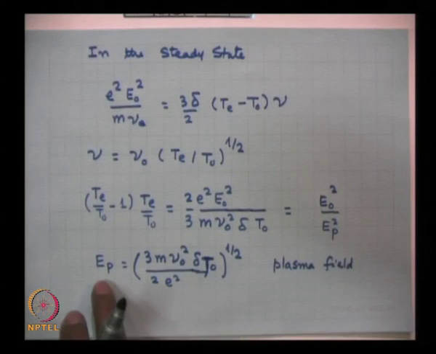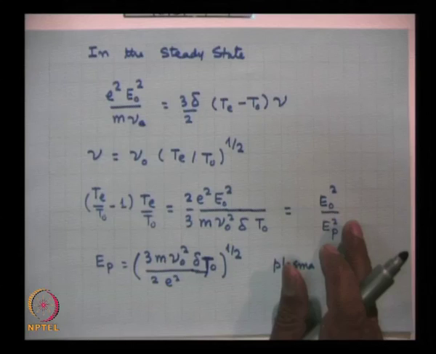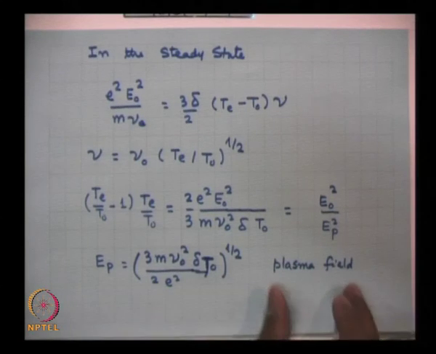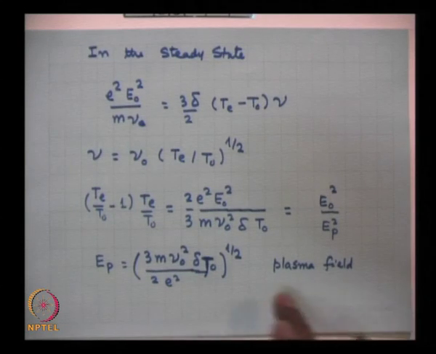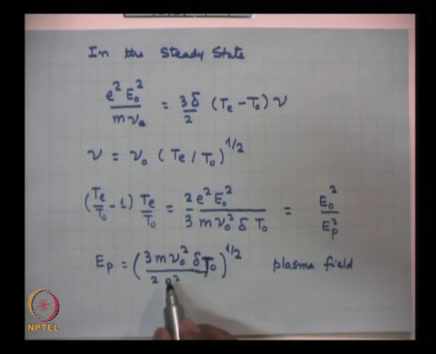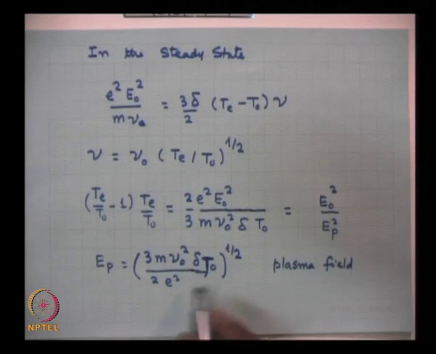So, this is really a threshold field for the onset of hot electron effects. So, the plasma field is an important parameter in a plasma or a semiconductor, and this is not a very huge quantity.